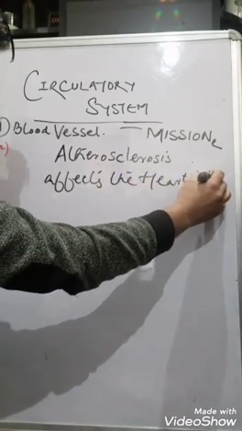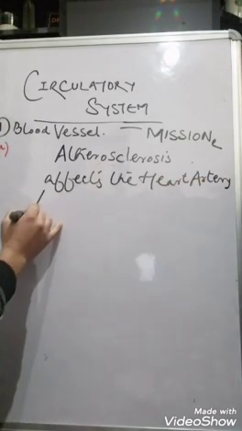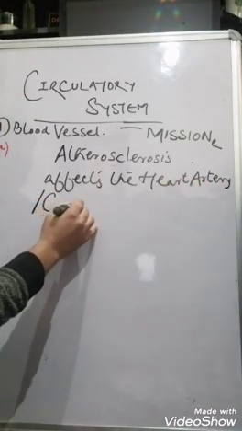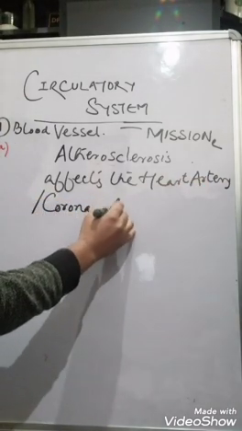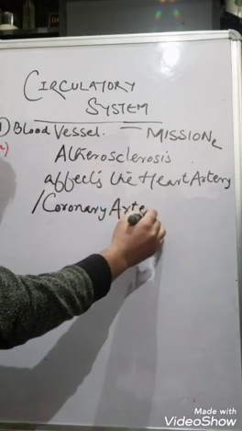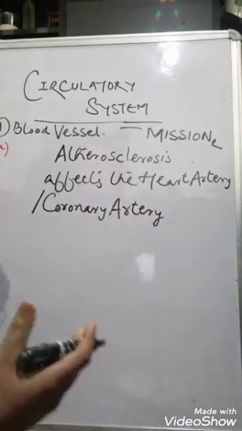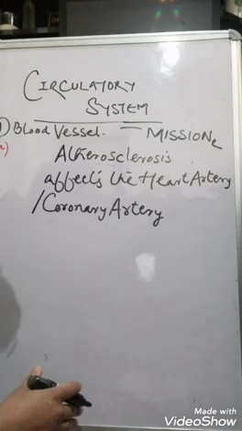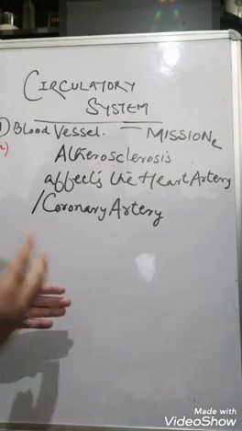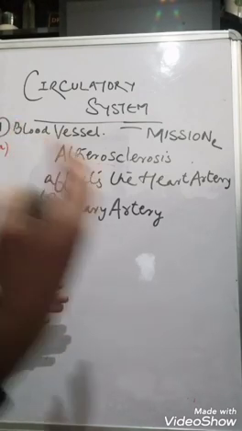By saying heart artery, I mean to say coronary artery. Coronary artery is the artery which supplies blood to the heart itself. Yes, the function of the heart is to pump the blood to the different organs.